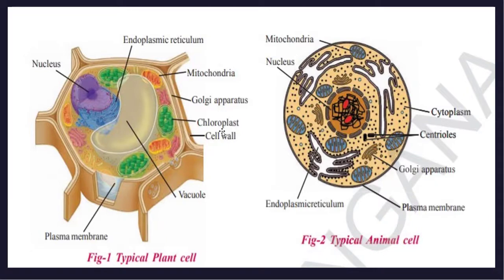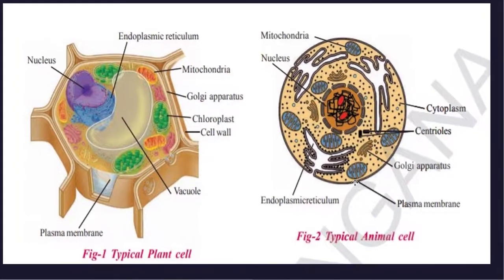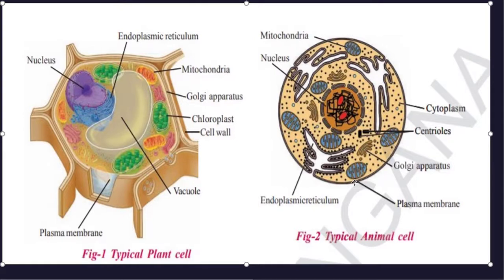Chloroplast is present here. Are you observing any chloroplast here? No. Green color organelles? No. Golgi apparatus? Yes, here the Golgi apparatus is present, and here also. Mitochondria? Here mitochondria are located, and this cell also has mitochondria in it.